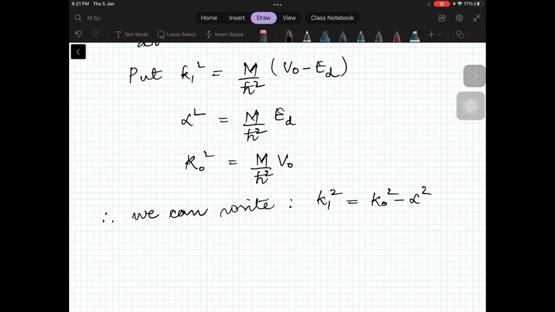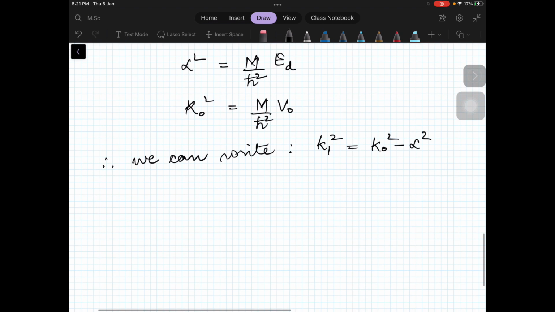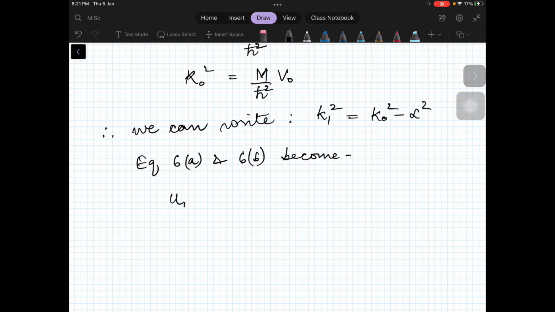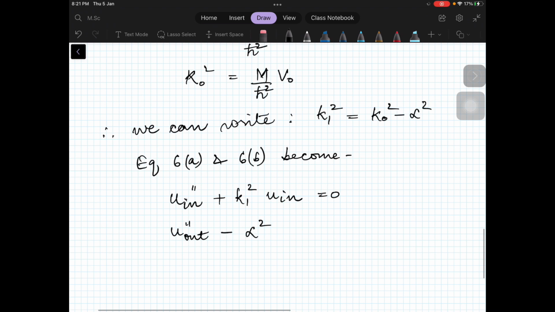Okay, so our equations 6a and 6b become u in double dash, wherein double dash represents the double differentiation, plus k1 square u in is equal to 0, and u out double dash minus alpha square u out is equal to 0.